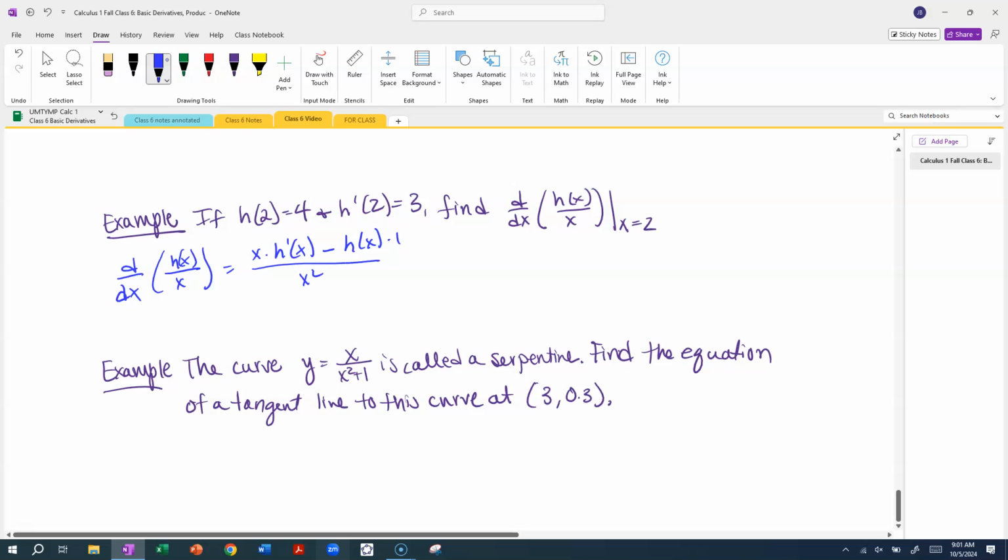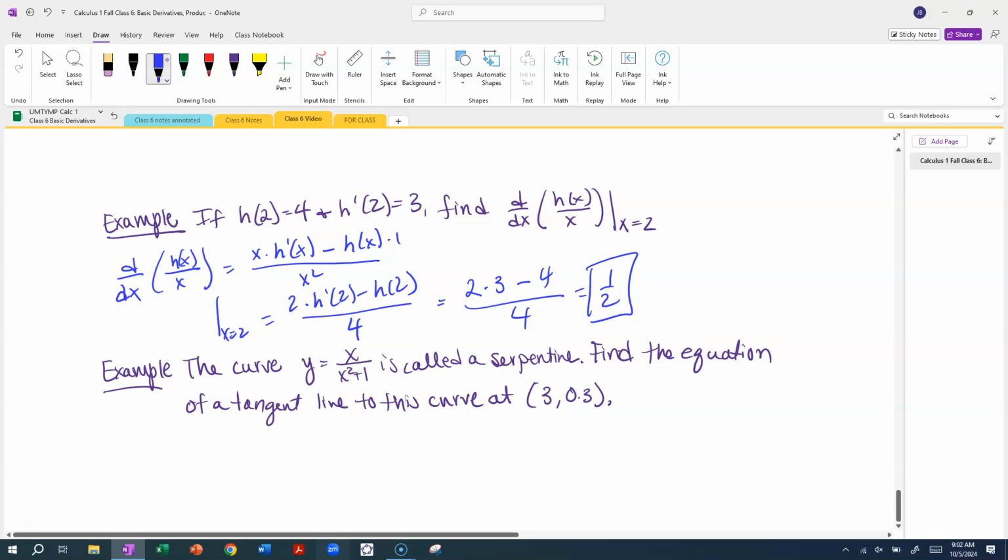Then when I evaluate this at x equal to 2, all I have to do is substitute in. So I have 2 times h prime of 2 minus h of 2 all over 4. Using the data that I have, I'd have 2 times 3 minus 4 all over 4. 6 minus 4 is 2 over 4, gives me 1/2 last I checked.